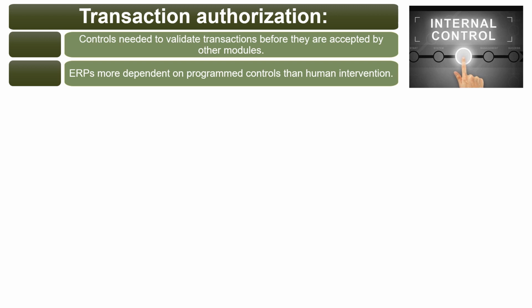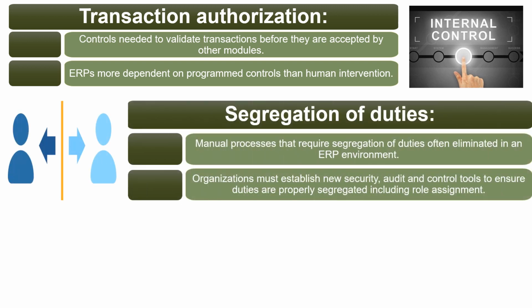ERP systems depend more on programmed controls than human intervention, meaning that it's more IT application controls, more IT controls rather than human or physical controls. With regard to segregation of duties, manual processes that require segregation of duties are often eliminated in an ERP environment.